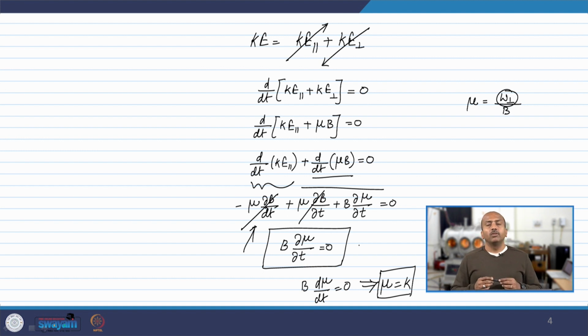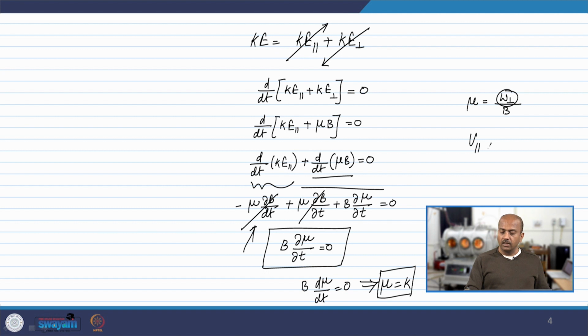That means if the parallel velocity of the particle is changing, it has to be compensated at the expense of changing perpendicular kinetic energy. So, these two things go hand in hand, V perpendicular, V parallel.